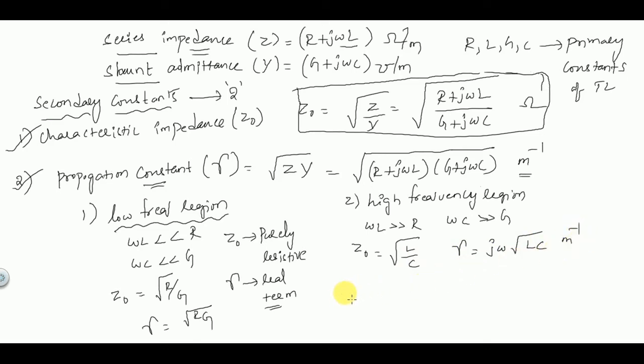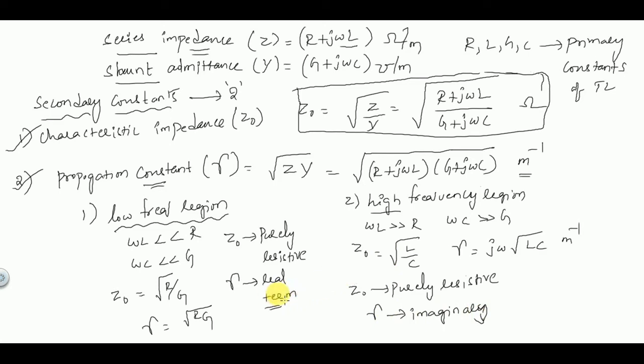So Z0 is again purely resistive, but gamma is imaginary. This is important. In high frequency region, gamma is purely imaginary, and in low frequency region, gamma is real.